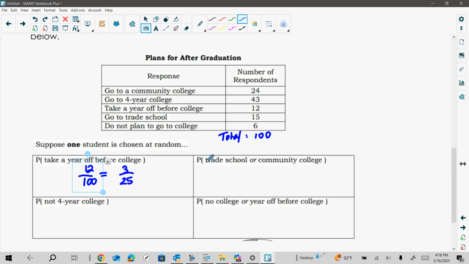Now, here we have a probability of trade school or community college. Because there's an or, we're going to have to add up those results. Trade school here was 15, and community college was 24. So 15 for trade school plus the 24 for community college is going to be 39 out of the 100.